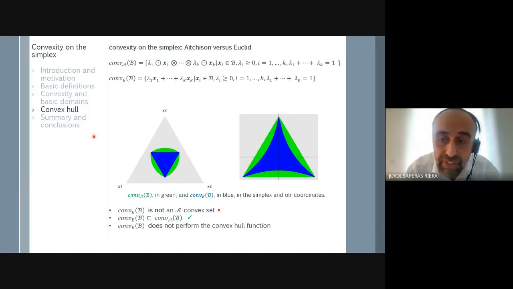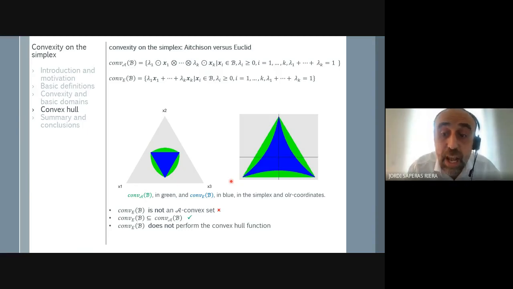We make the graphic representation both in the simplex and in coordinates. The Hutchinson convex hull set is the intersection of three affine half spaces that generate an Hutchinson triangle. We can see here in coordinates that the green region is a triangle.